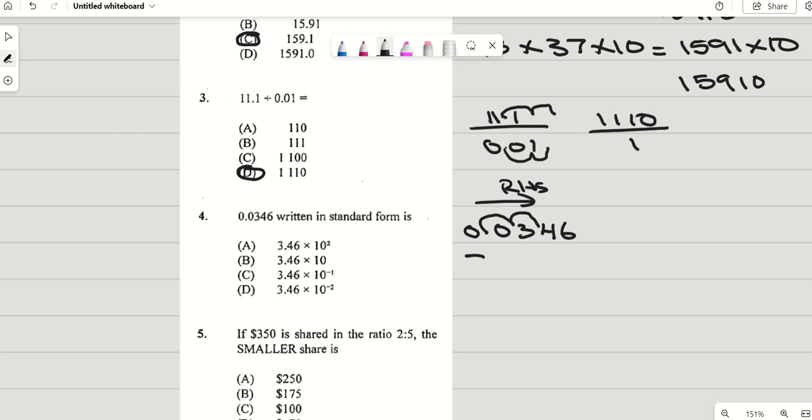So this would be 3.46 multiplied by 10 to the power of, now we shift twice, so 2. But if you shift to your right hand side, it will be -2. So my answer is D. It would not be B and C because you shifted it twice, so it's either A or D. But because we shifted to the right hand side, your power is negative.